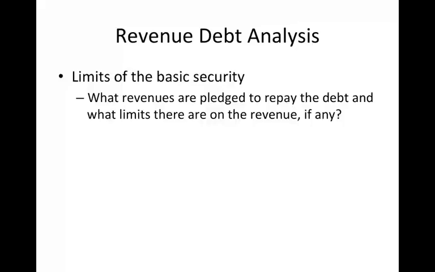What's the revenue source that specifically is meant to repay that debt? And what limits are there on the entity's ability to raise that revenue? For instance, are they allowed to just increase their rates if they need to, or do they have to obtain approval of voters or another level of government? Is there a regulatory board that tells them whether they're allowed to raise rates or not?